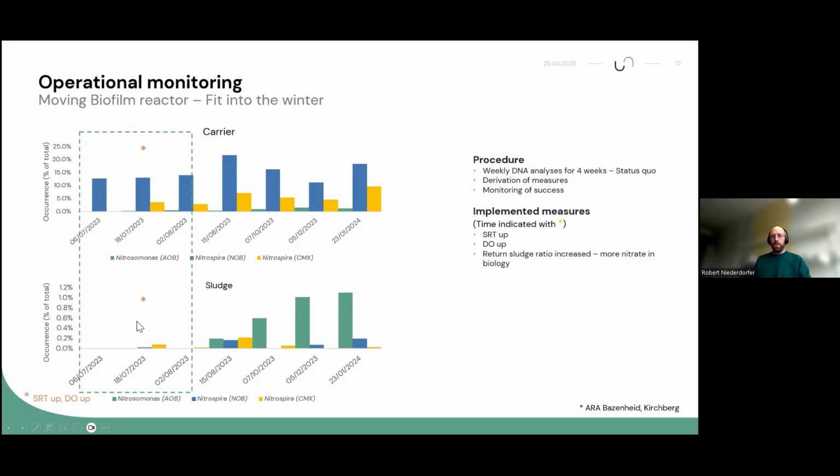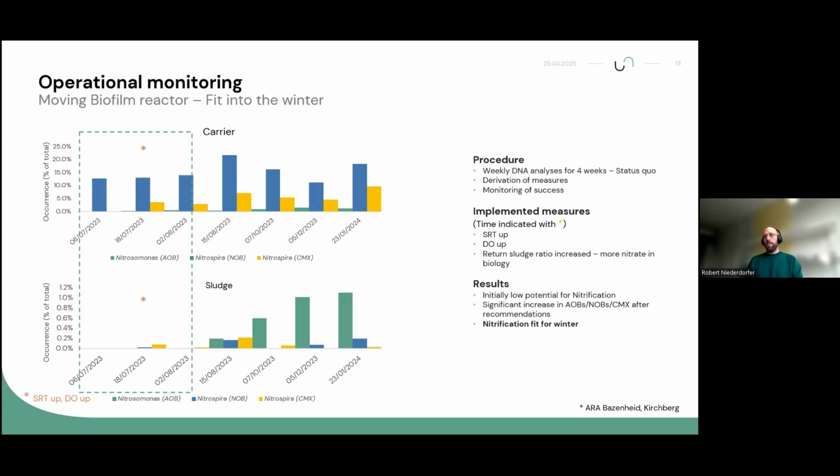And what happened was that within this year, we managed to make this system completely winter fit, with huge amounts of NOBs on the carrier, together with an increasing number of AOBs now, and lots of AOBs in the sludge, so that when certain seasonal changes start, they can also move onto the carrier. This is a special case because they also have a lot of Comammox bacteria, but I will not go into detail on that. They also take the ammonium up.